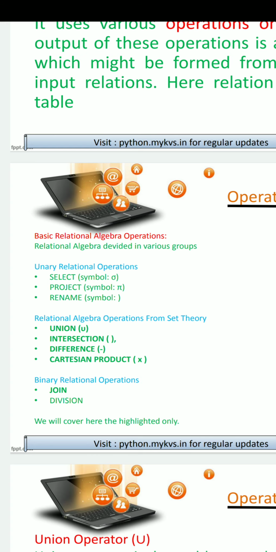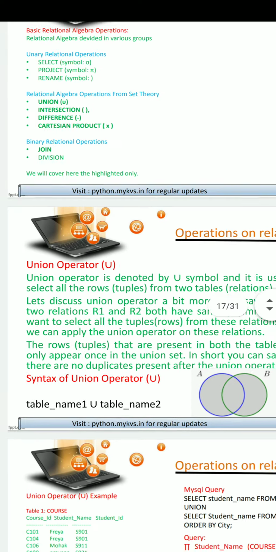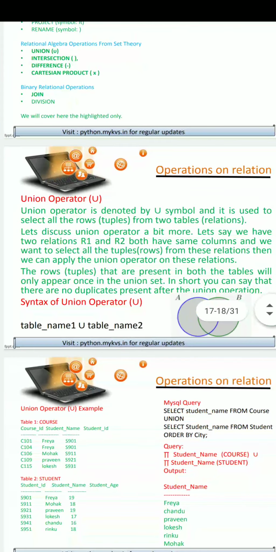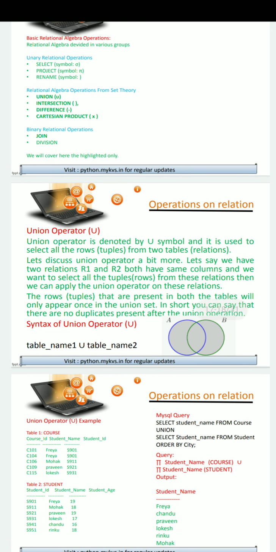Then comes union. Union means applying union operation over two or more sets and retrieving the result. Students, you can learn this one easily. Listen carefully.